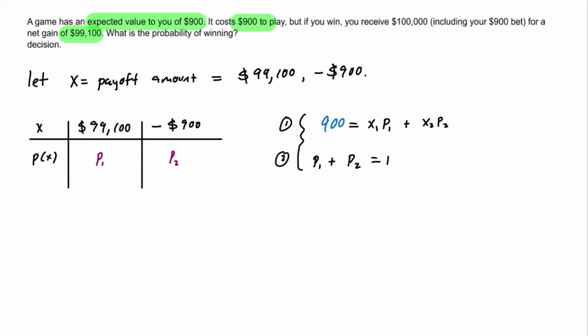So our system will look like this: 900 is equal to x1, that's 99,100, times P1, plus negative 900, so we just put minus 900 times P2. That was our equation 1, where we substituted the values for x1 and x2. And the second equation we have is P1 plus P2 is equal to 1.